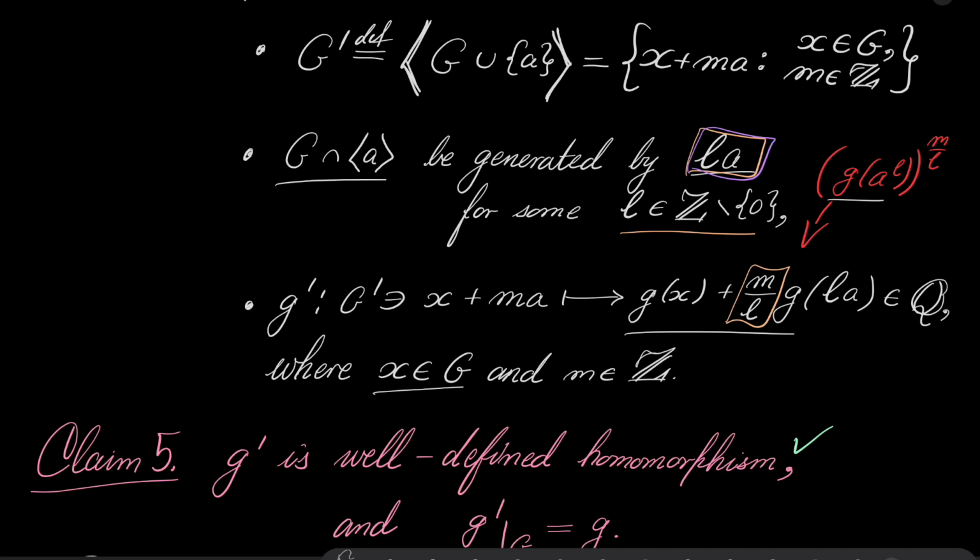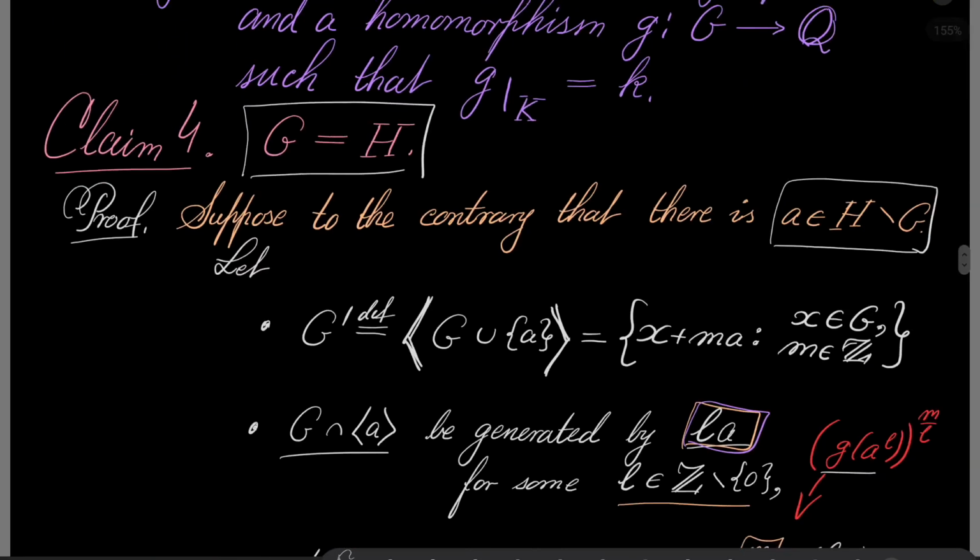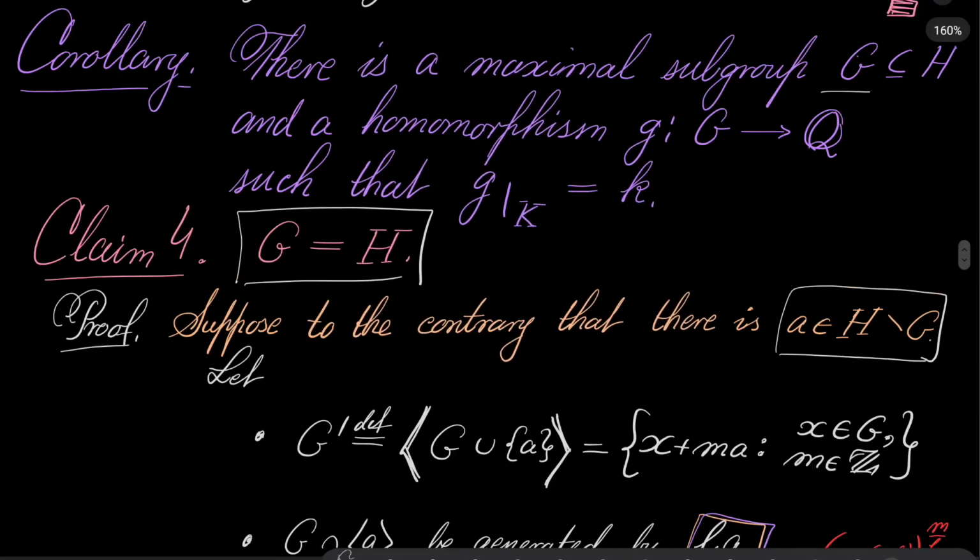Basically, the entire proof is just like that, except for one part. The authors of this book, and I will leave the reference in the video description, say that the existence of this maximal group G is obvious. It's by no means obvious.